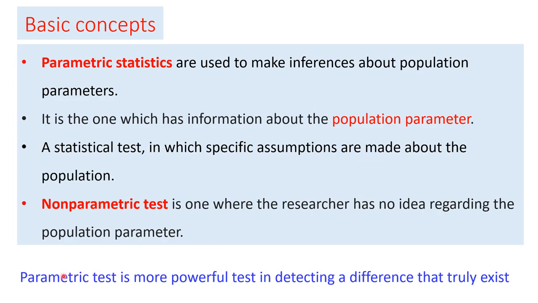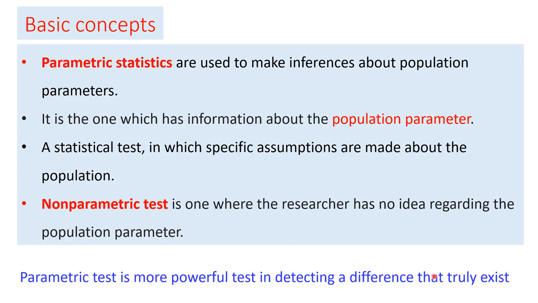In general, the parametric test is a more powerful test in detecting a difference that truly exists. So our priority is first to check the assumptions of the parametric tests. If all the assumptions of the parametric tests are fulfilled, we use the parametric test because it is more powerful in detecting the difference that truly exists.